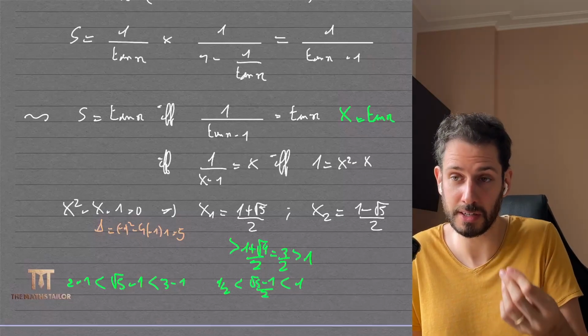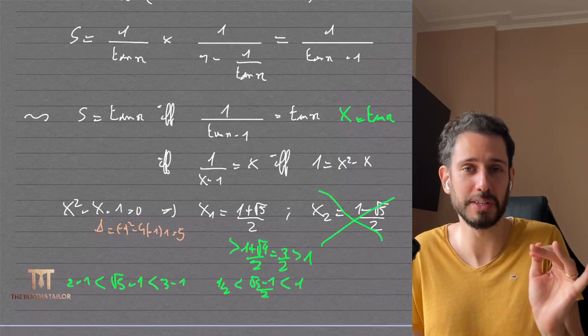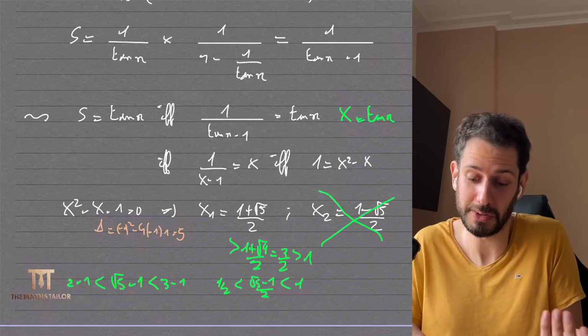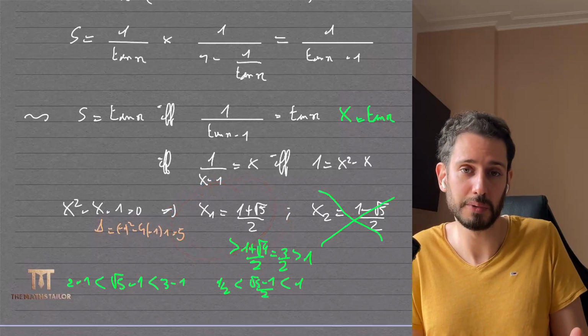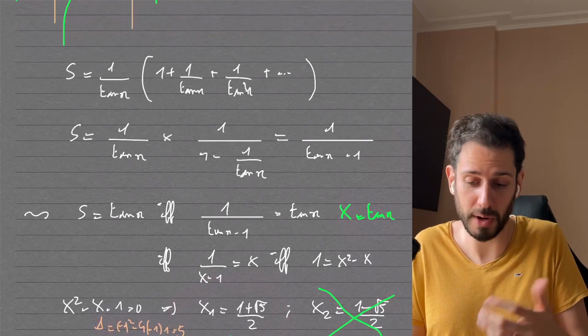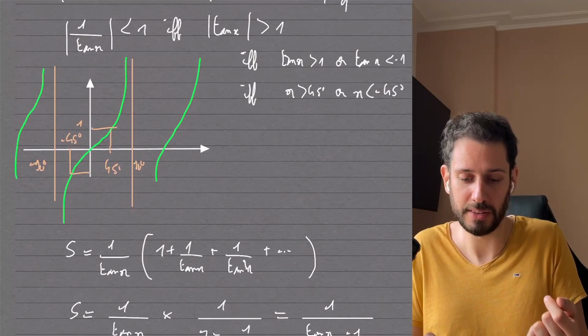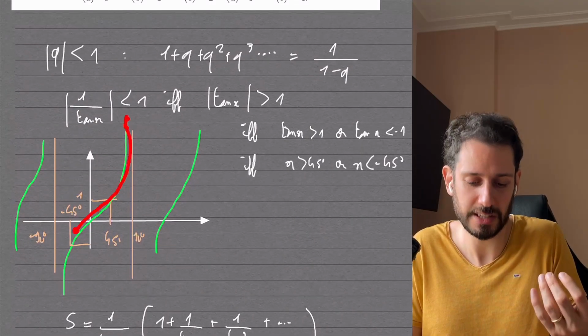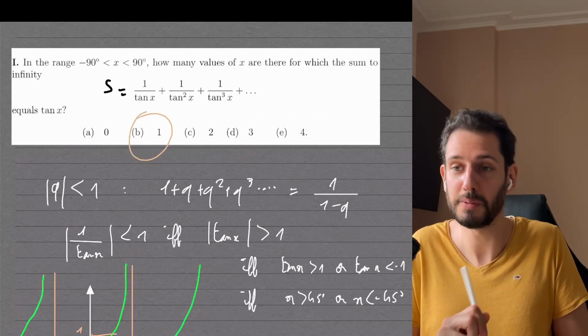There's no way this thing is smaller than minus 1, so I can just discard it and not get mistaken by this question. And so in the end, I just have X1 equals 1 plus square root of 5 over 2. It's one unique value of tan x that solves this equation, and then since this function is a bijection, it leads us to a unique value of x, which is the final answer.